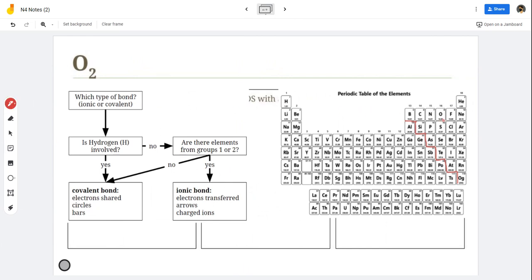Here we're just talking about oxygen, which is in group 16. So if we're talking about which type of bond, hydrogen is not involved, and there are no elements from group 1 or 2. So that means you've got a covalent bond here.